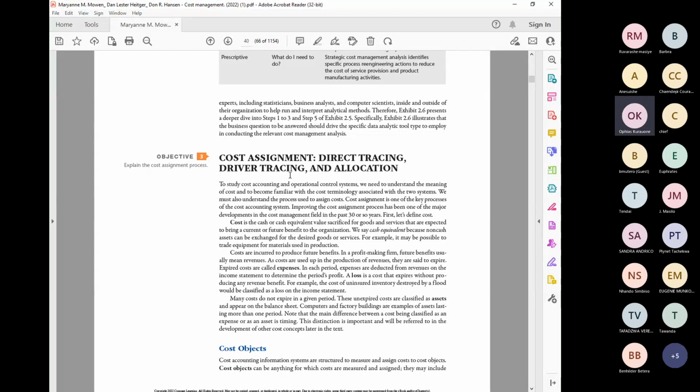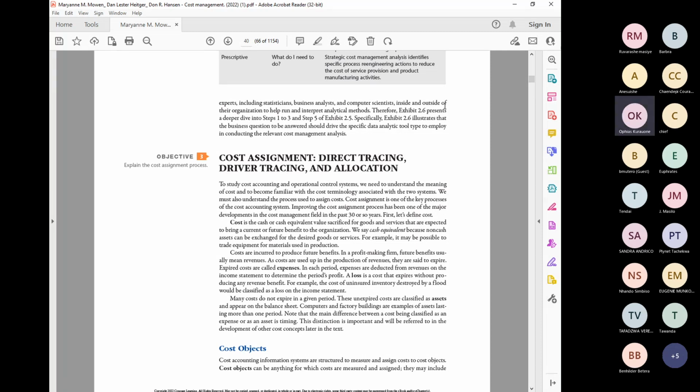Because we don't have much time, I'm just giving you light on the key elements: cost assignments, direct tracing, driver tracing, and allocations. So you should understand this.